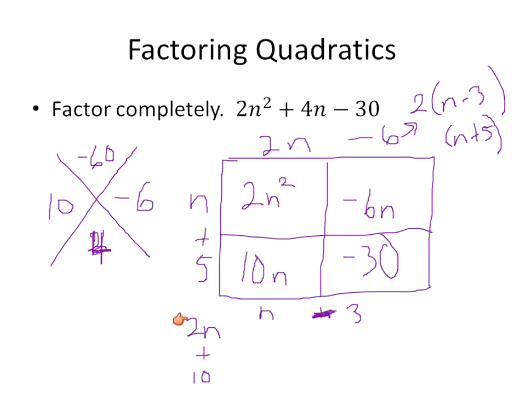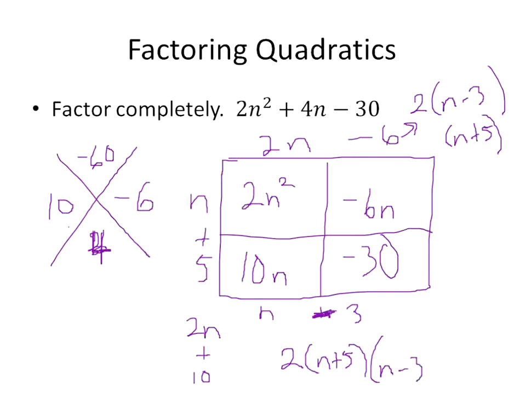How about if I did it the other way, like this one right here? What are both of those divisible by? What can I divide both those numbers by? Are both those divisible by 2 also? Yeah? Okay. So for that one, I get 2 times n plus 5 if I factor the 2n plus 10, don't I?